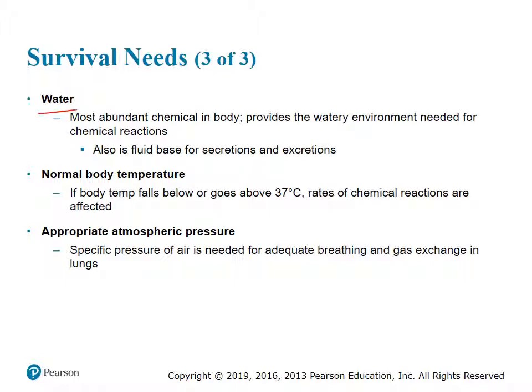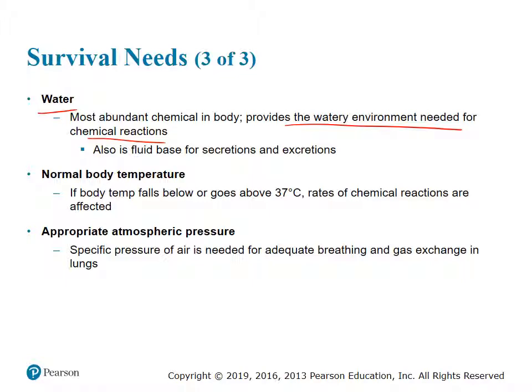Water, right? Most abundant chemical in the body, we know that for sure. Close to 70% of our body is pure water. It's a tremendous amount of water for a living organism, right? Just us existing, that's a lot of water.